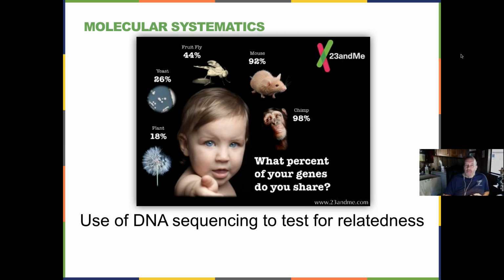Something that I don't think was even a thought, not that long ago. And now we have that ability for what, $99 or whatever it is, relatively cheap. That kind of testing might have cost tens of thousands of dollars not that long ago. Now pretty much every human on the planet, or certainly most humans on the planet, would have the ability to get genetic testing done.